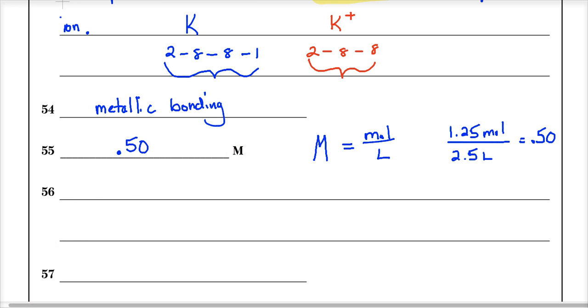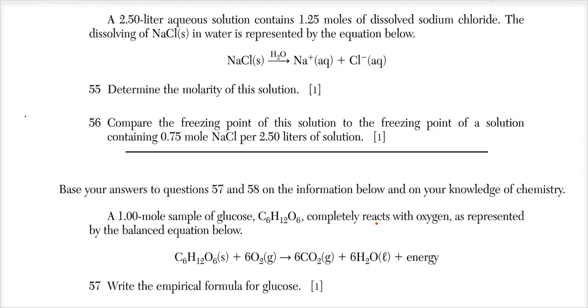Okay, so here we go with the next question, number 56. Compare the freezing point of this solution to the freezing point of a solution containing 0.75 moles of sodium chloride per 2.5 liters of solution. So what they want to do is compare the freezing point of the solution that we just determined from the last question, where we had 1.25 moles of dissolved sodium chloride in 2.5 liters of water.